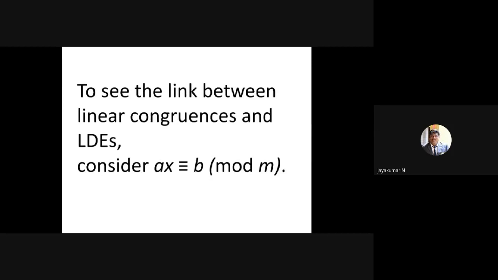So we will see the connection between linear congruences and linear Diophantine equations.